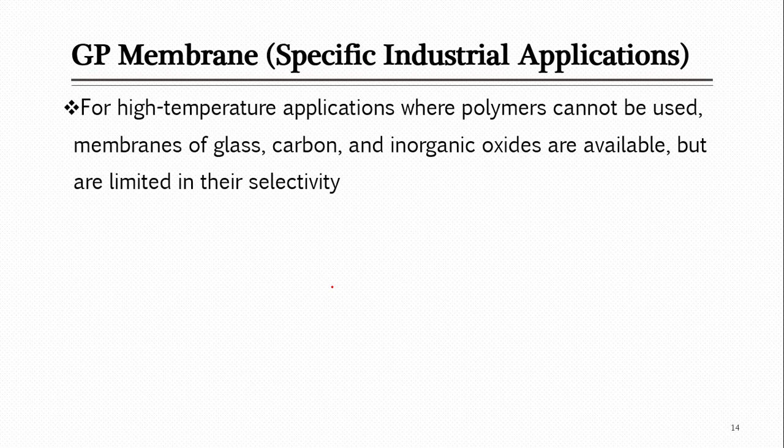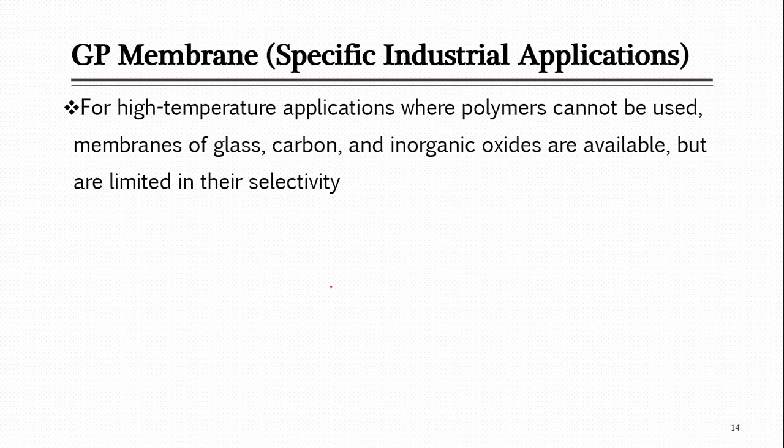So these polymeric membranes are widely used for many applications, but as we discussed when we started with the membrane, for high temperature applications above 200 degrees C, most of the time polymeric membranes are not recommended, due to problems with glass transition temperature and some other issues.